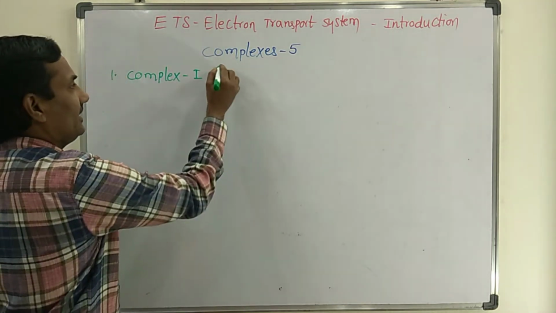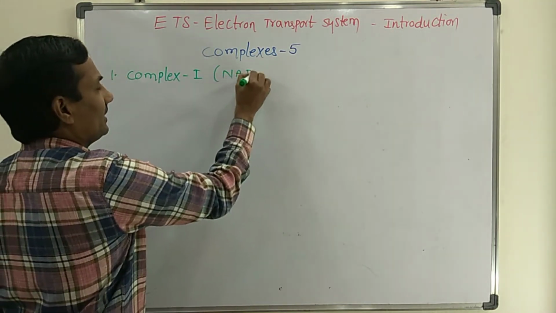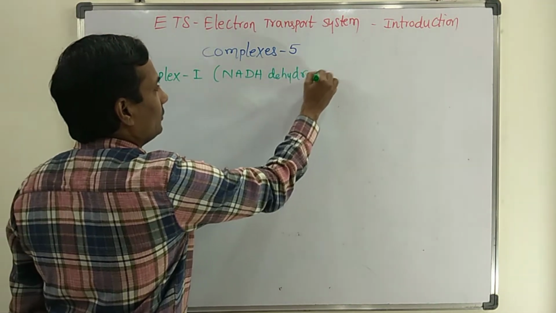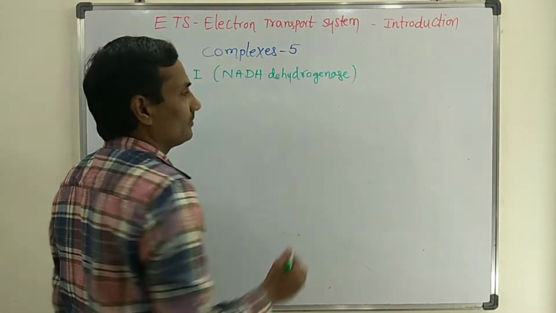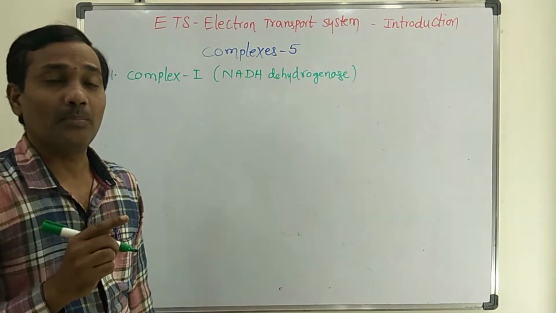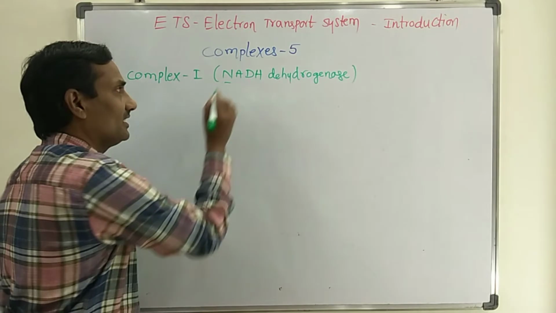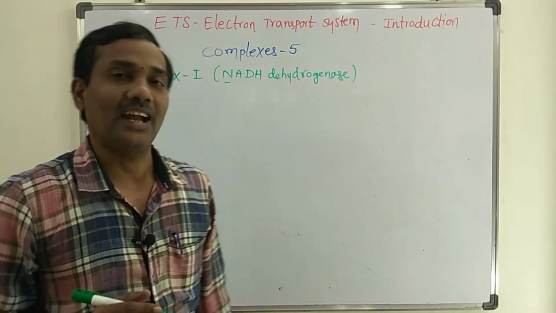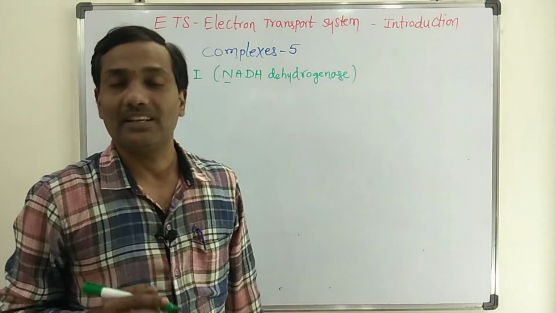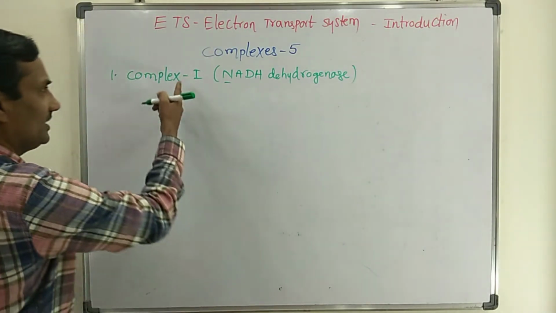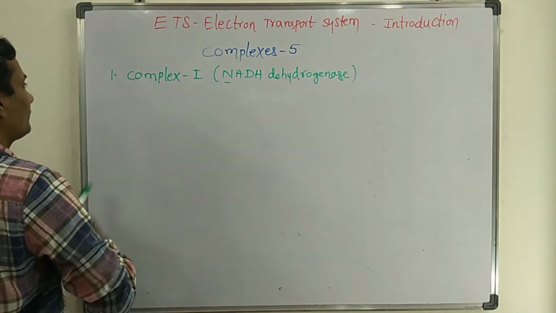Complex 1 is otherwise known as NADH dehydrogenase. This complex 1 helps in oxidation of NADH H+. That's why it is also called NADH dehydrogenase. It is the first complex.